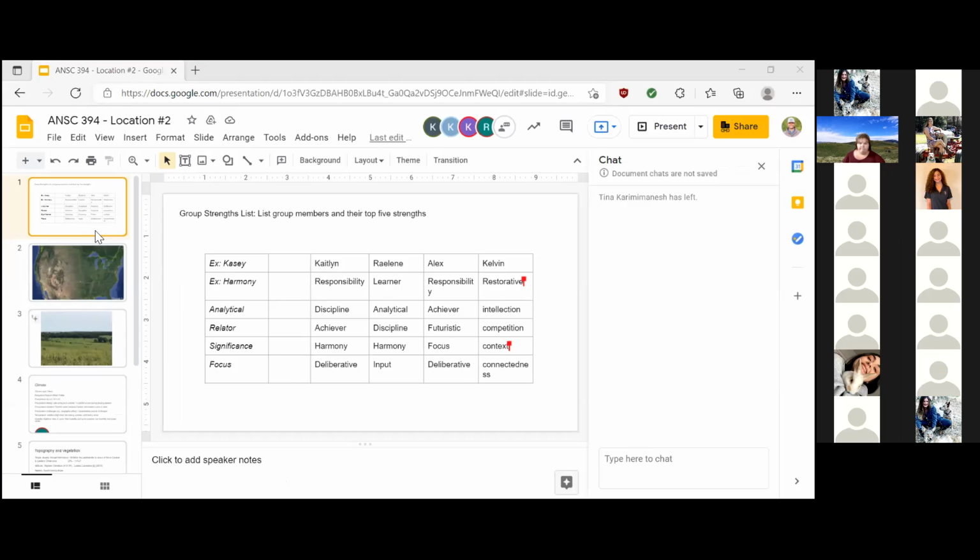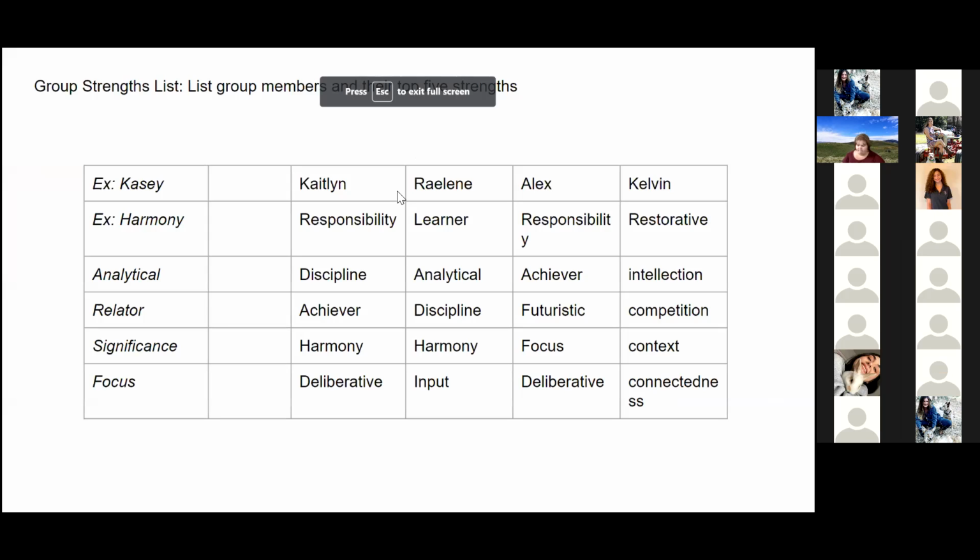You have the ability to share your screen, so take it away. Okay. Can you guys see that?